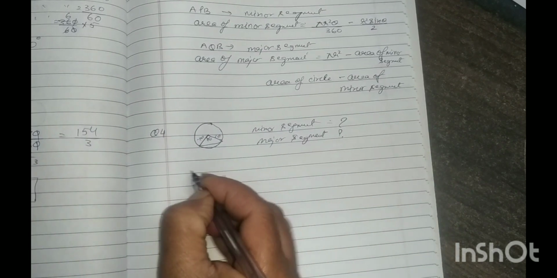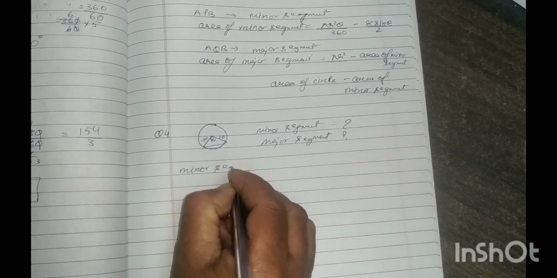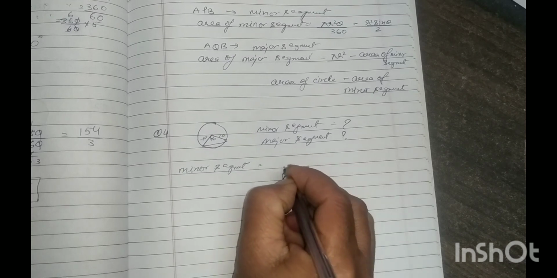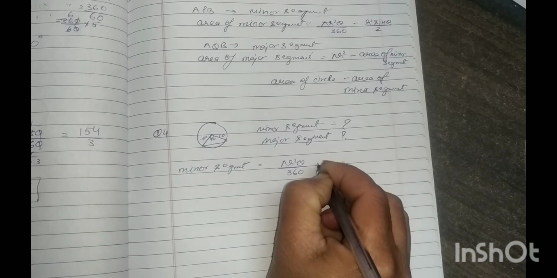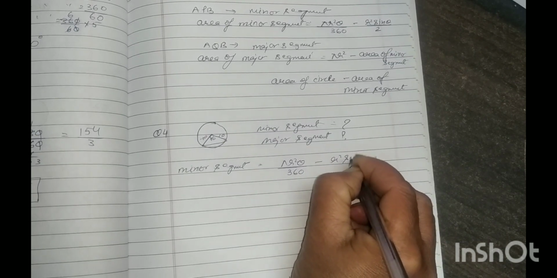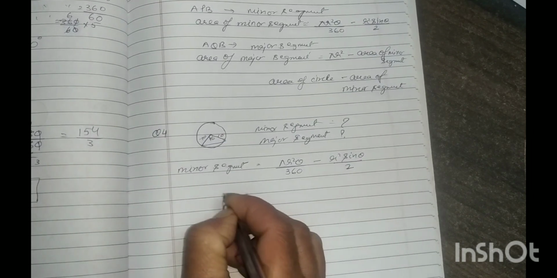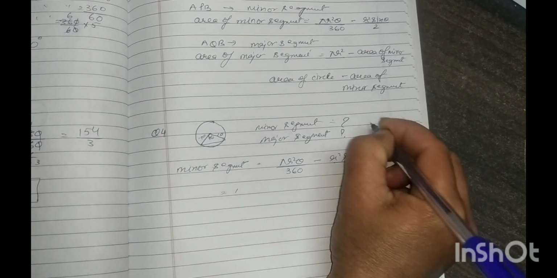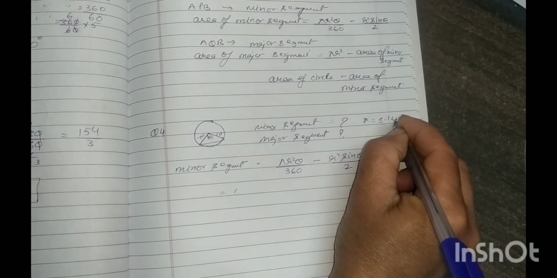First, minor segment equals to pi r square theta upon 360 minus r square sin theta upon 2. Pi r square theta, there pi is 3.14.